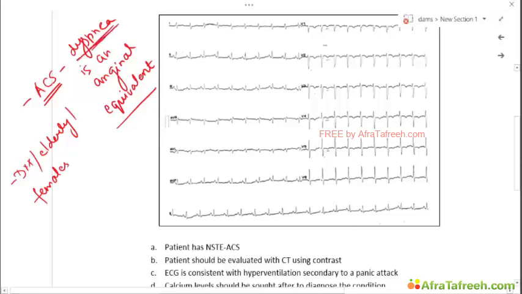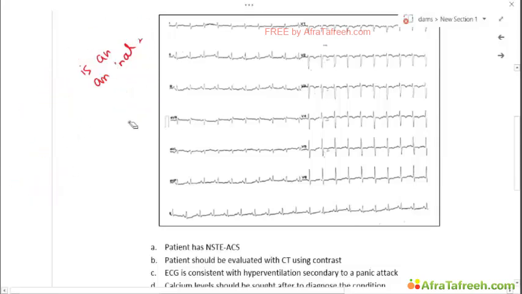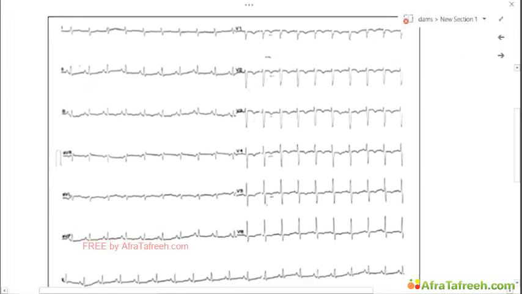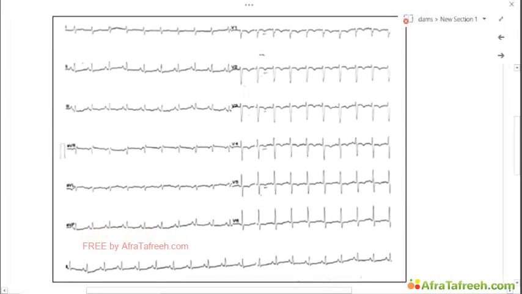So dyspnea can be present as an anginal equivalent, and still ACS should be in the differential diagnosis of such patients. Okay, now we get an ECG, and let's see what the ECG has to show us.